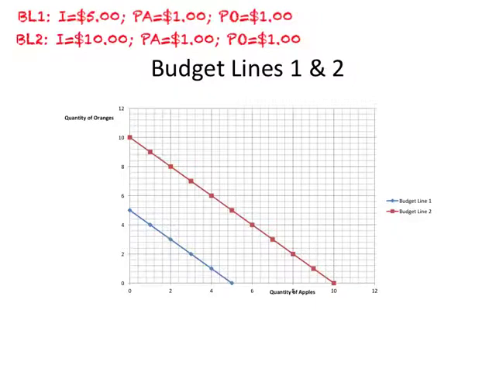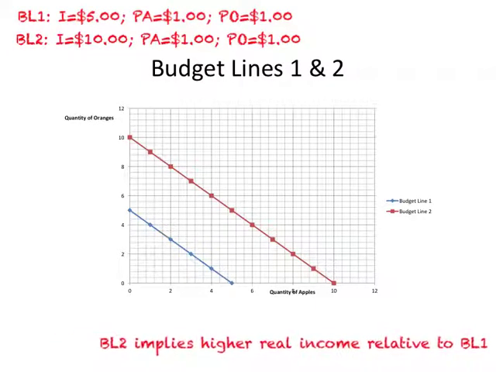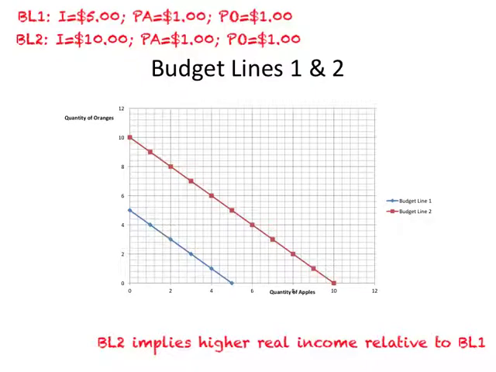under budget line 1. Now, just by looking at these two budget lines, we know that consumption choices implied by BL2 is much greater than consumption choices implied by BL1, and thus BL2 implies higher real income relative to BL1, and this is what I have written here.